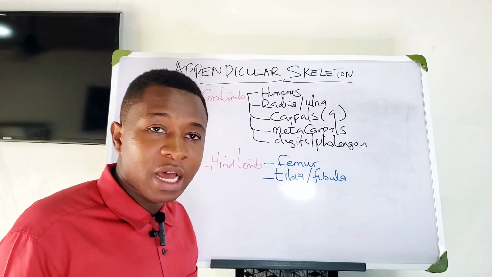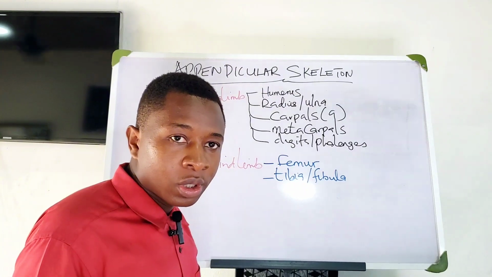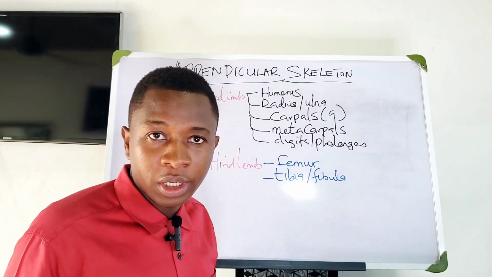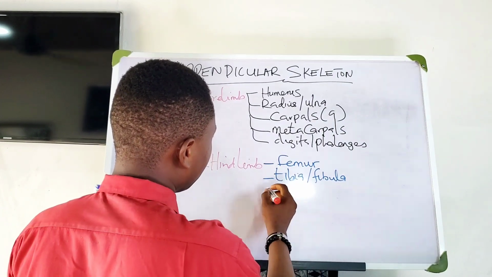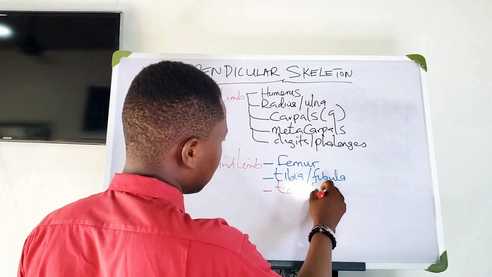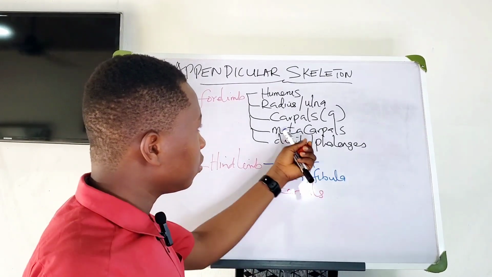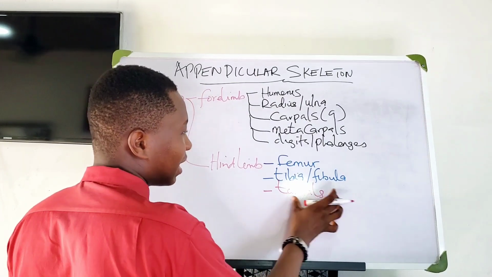After the tibia and the fibula, you also have the 9 bones that make up the lower limb. They call them the tarsals. So in the forelimb, it is known as the carpals; in the hind limb, it is known as the tarsals.